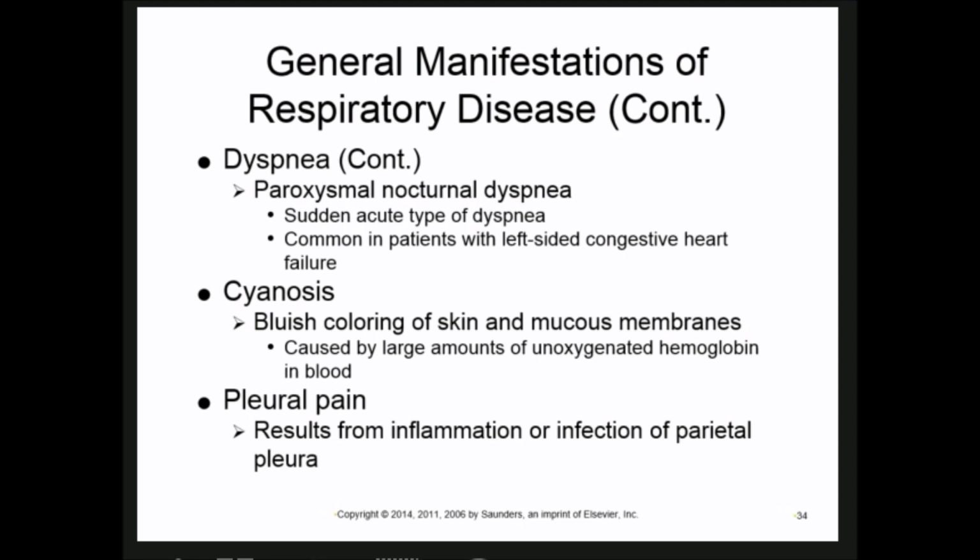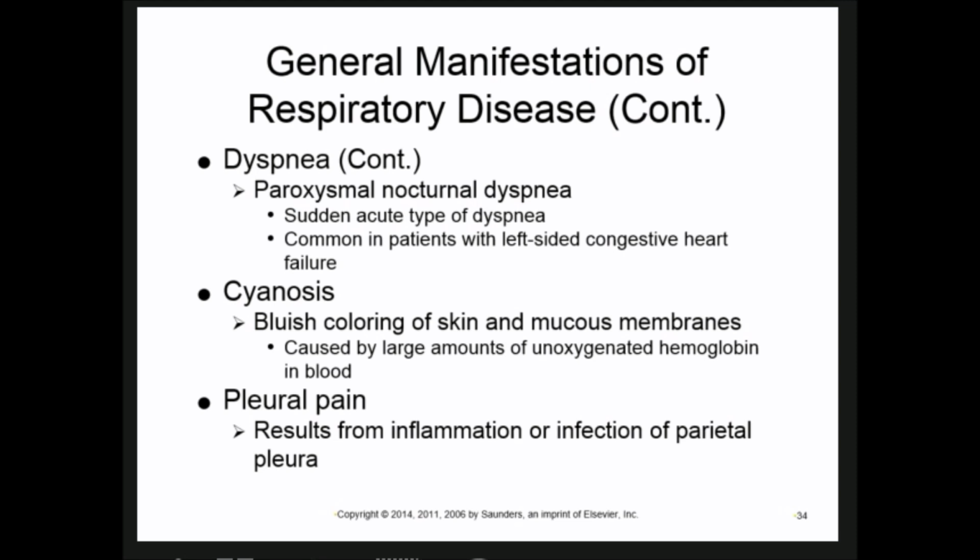Paroxysmal nocturnal dyspnea. What does it mean? Paroxysmal means coming all of a sudden. Nocturnal means night. Dyspnea means difficulty breathing. So this is difficulty breathing that happens all of a sudden during the night. And this means left-sided congestive heart failure.